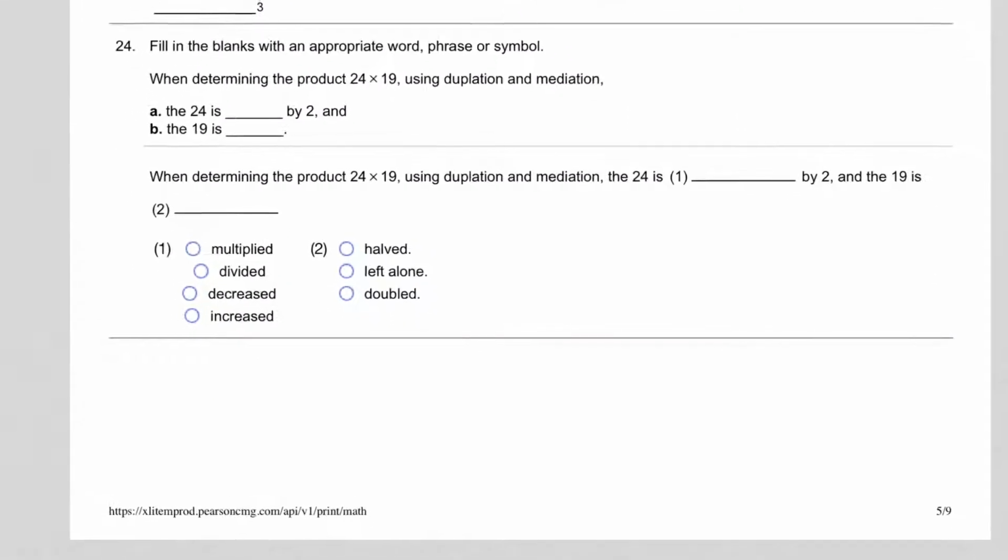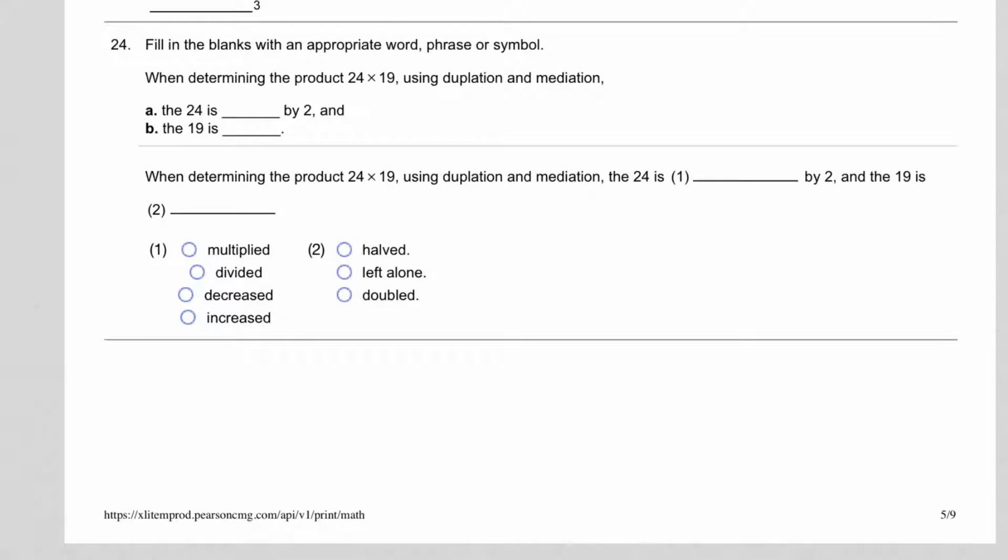Okay, number 24. When determining the product 24 times 19 using duplation and mediation, the 24 is blank by 2 and the 19 is blank. Okay, so remember, on the left side, this is the one where we divide by 2, and on the right, this is the one we multiply by 2.